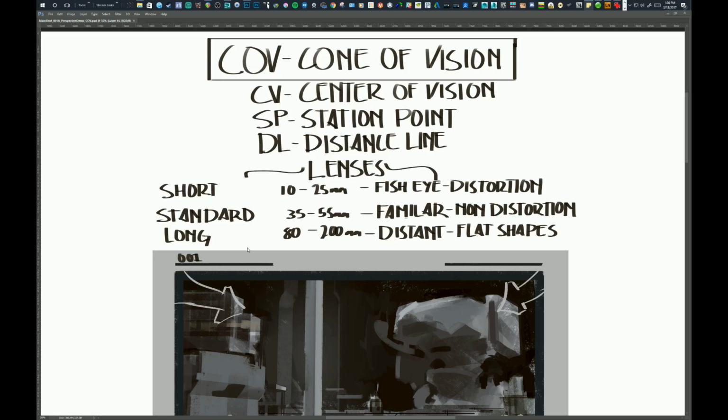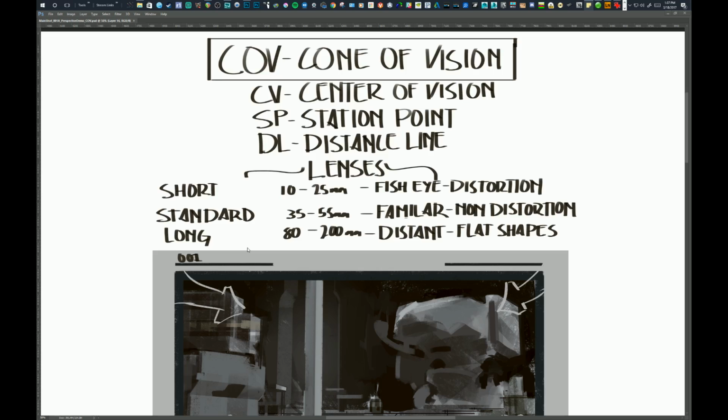So if I decide on a more fisheye lens, then that would be the correct lens, but I have to know what field of view I'm using by creating a cone of vision in order for me to accurately determine that that is in fact a wide angle lens, or what we call a short lens, or that is in fact a long lens or a standard lens, so on and so forth.